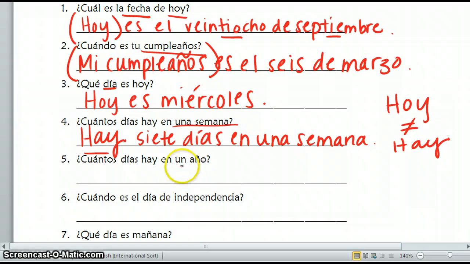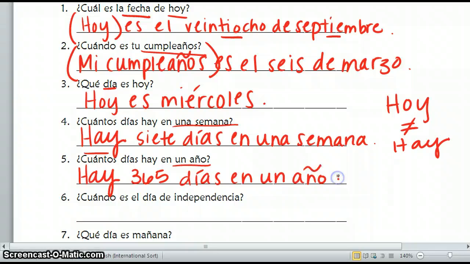Number 5, ¿Cuántos días hay en un año? That's a year. How many days are in a year? So for this one, hay, and then the number, you don't know how to say that, so I'll just write 365. Hay 365 días en un año.